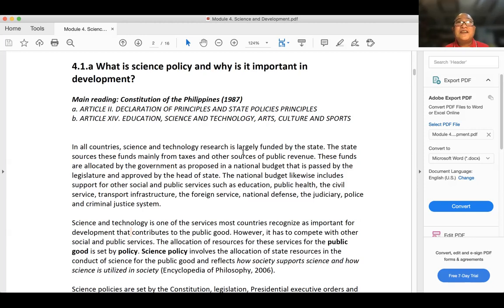The Philippines is one of the countries to have science and technology as a priority in national development. It's in the Constitution, even in the 1935 Constitution and all other constitutions that followed, like the 1973 and the present 1987 Constitution, which have enshrined the principle that we need to develop our science and technology.